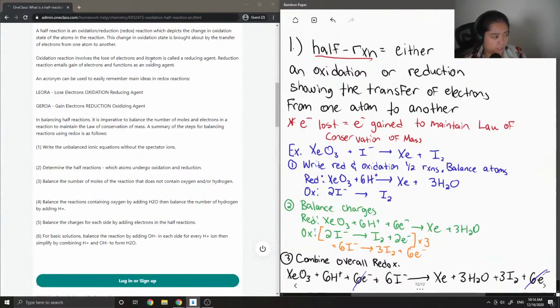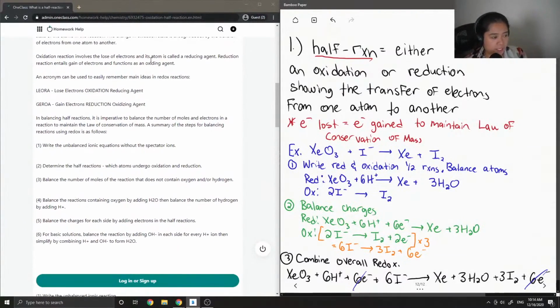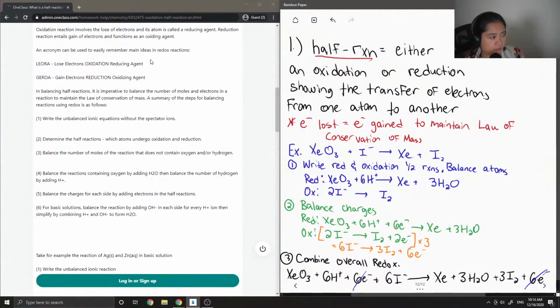An acronym can be used to easily remember main ideas in redox reactions. Okay, so I've never seen this one before, but they used LIORA, so lose electrons, oxidation, reducing agent, and GEORA, gain electrons, reduction, oxidizing agent.